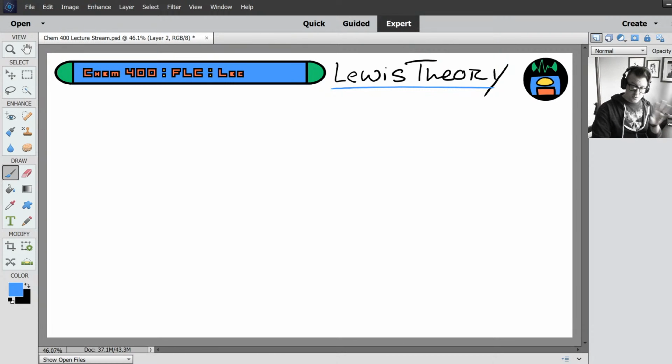We said that our discussion of Lewis theory will be restricted to the main group elements, and that you could determine the number of dots, the number of valence electrons for a main group element, based on the column that it falls in. You can go back and see Wednesday's lecture if you'd like a review of that.